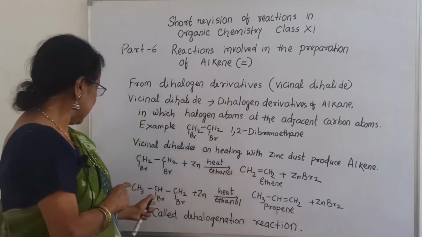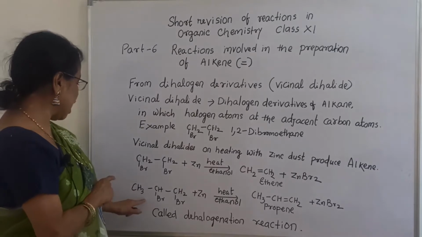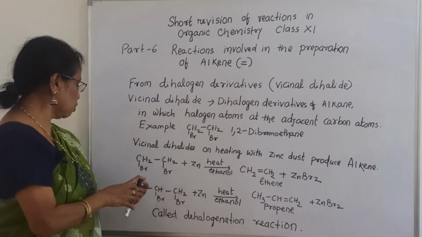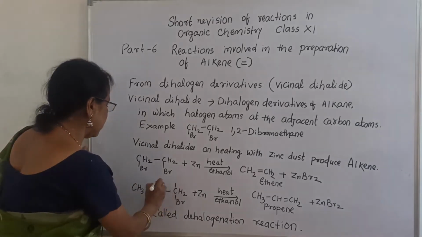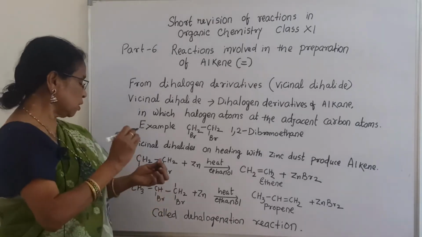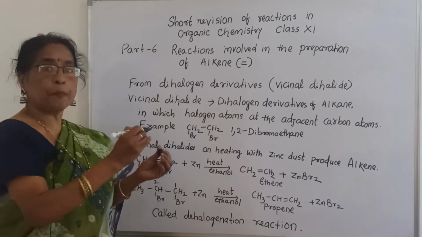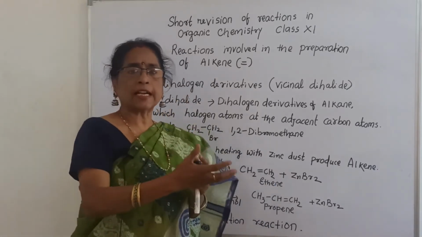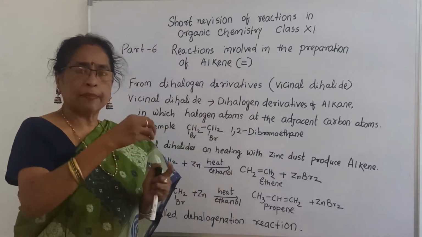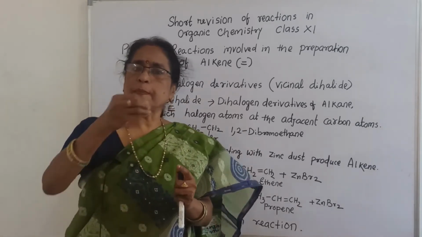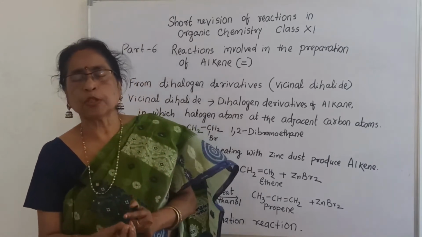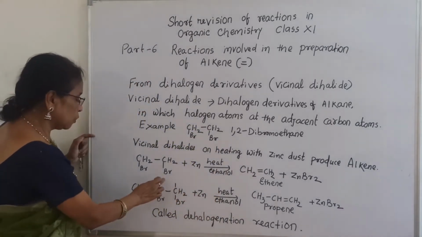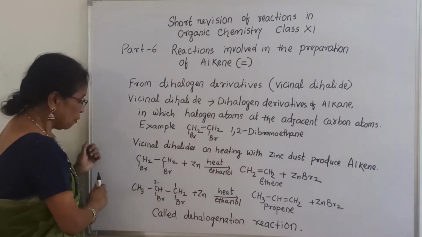Now this is the second example, where it is position 1 and position 2. See, this is 1, this is 2, and it is 1,2-dibromopropane, because here three carbons are there, and three carbons means propane. In propane, position 1 is replaced by bromine and position 2 is replaced by bromine. That is why it is called 1,2-dibromopropane.